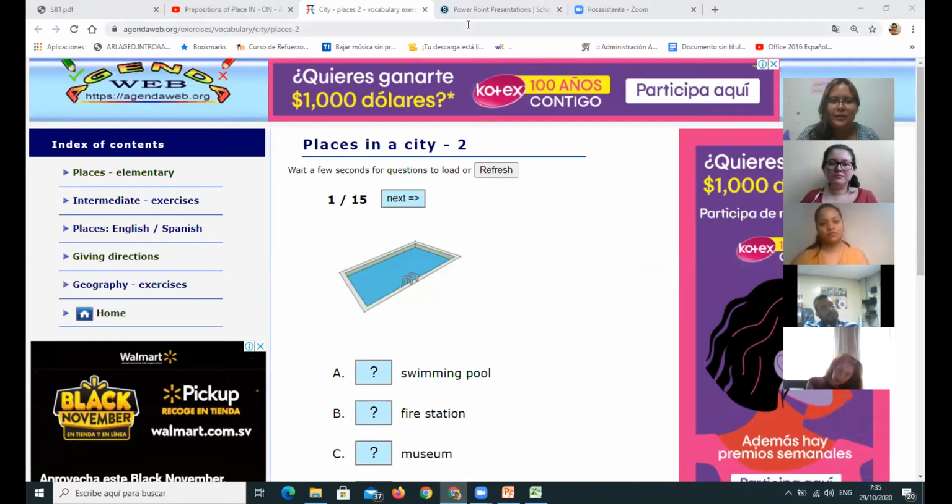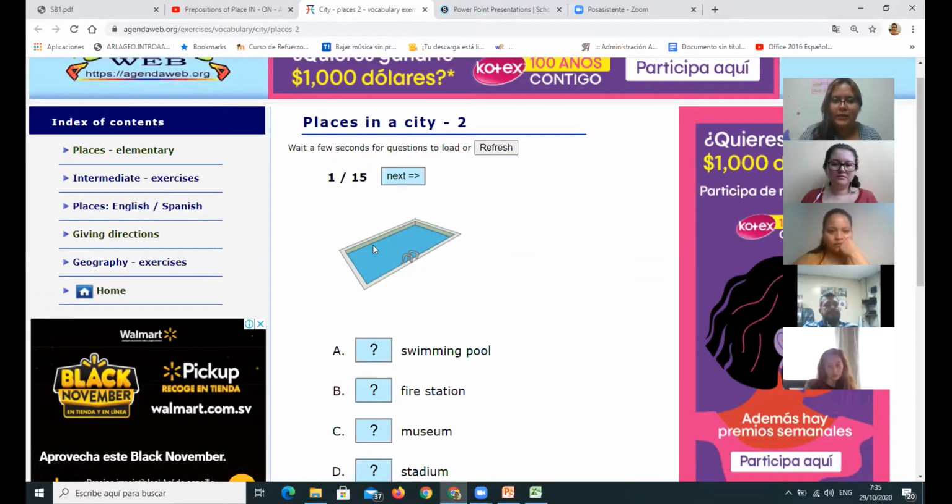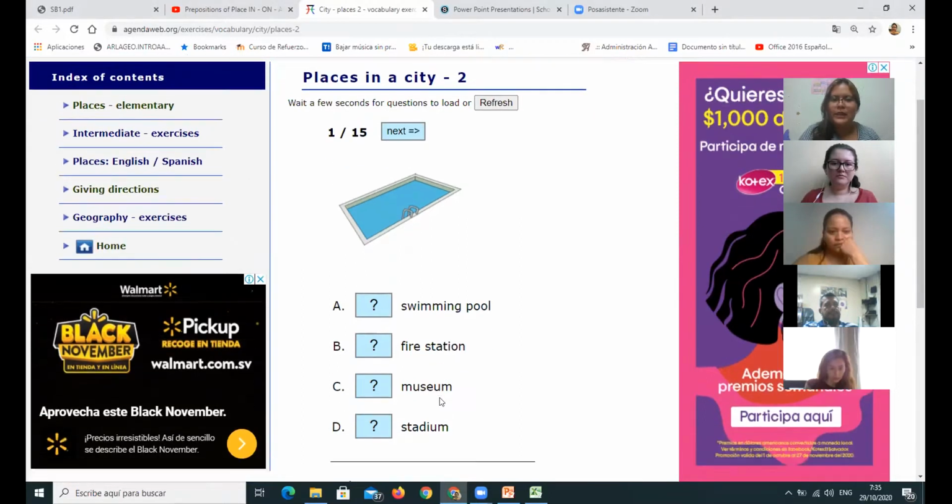Let's work individually. Complete the exercise, and when you finish, write "finish" in the chat, okay? Do it. You will have 5 minutes.